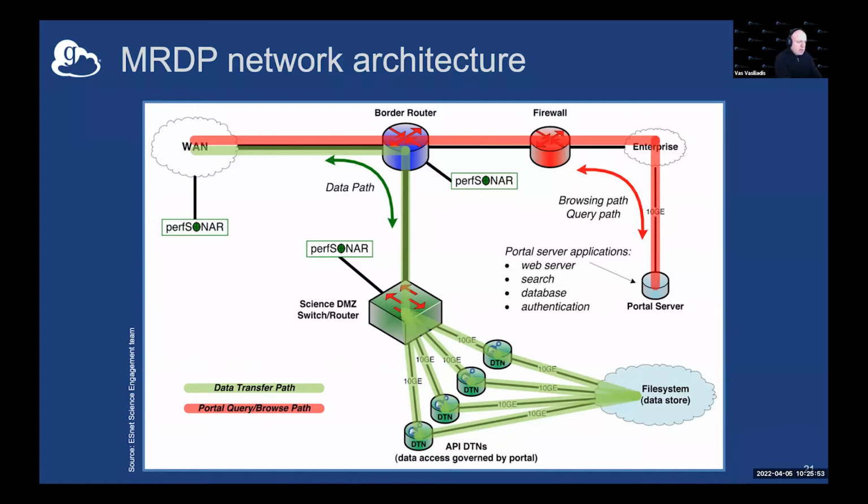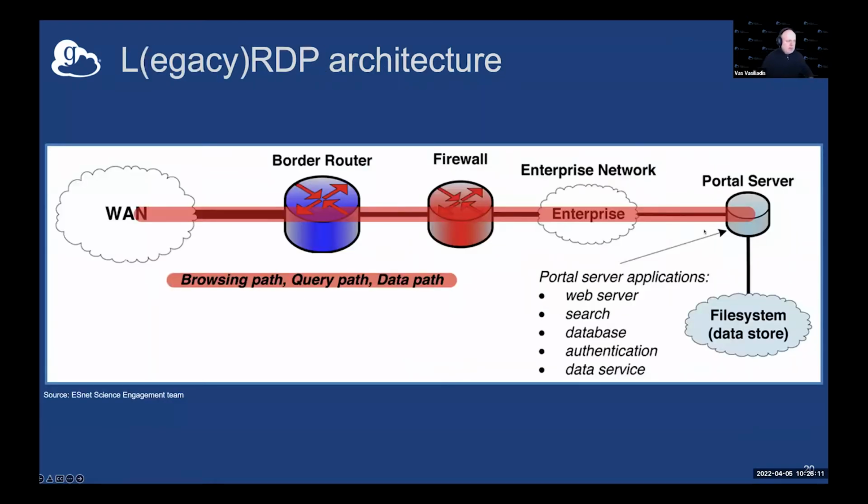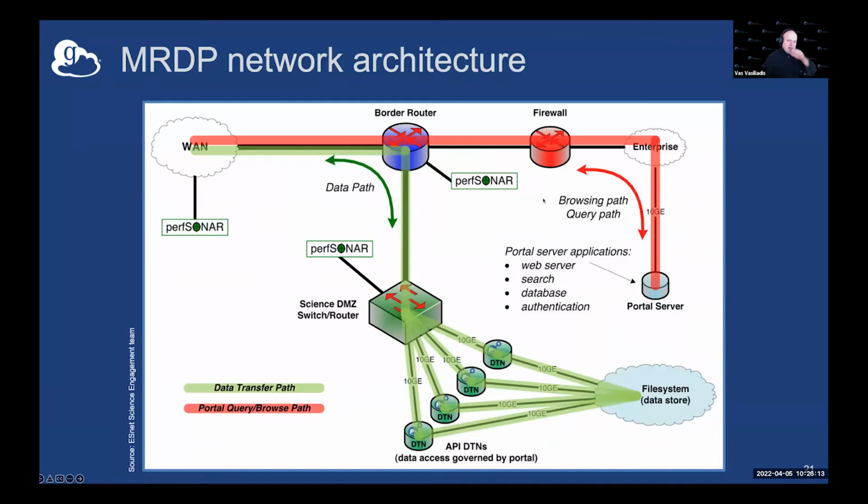The one thing that I will point out, because we always get questioned about this, is that this looks very insecure, because suddenly we're not behind all these nice devices that keep us safe. The reality is that this model is actually just as secure if you configure it correctly, if you only send the right type of traffic over this path.